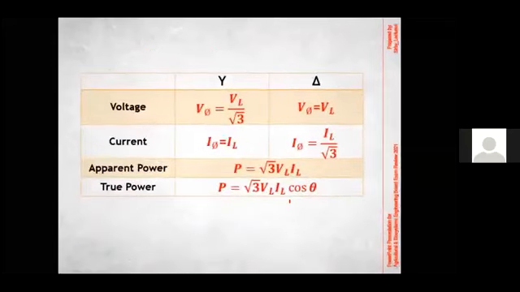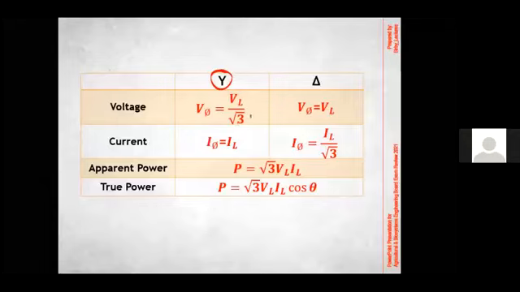And now for the computations regarding the relationship between the phase voltage and the line voltage, or the line current or phase currents, we have here as shown in the table. For Y connection, the phase voltage is equal to the line voltage divided by square root of 3.